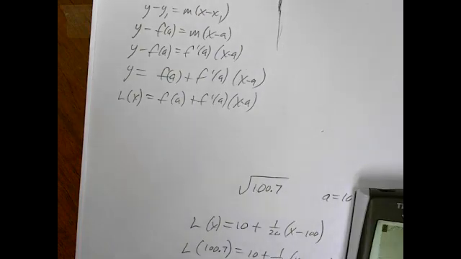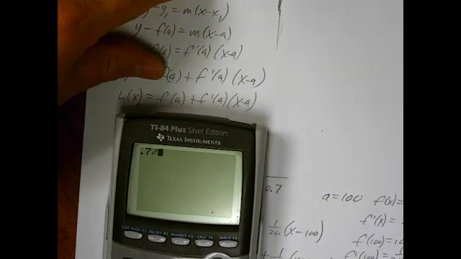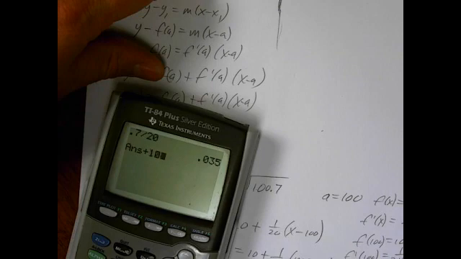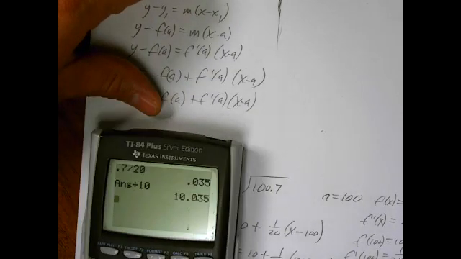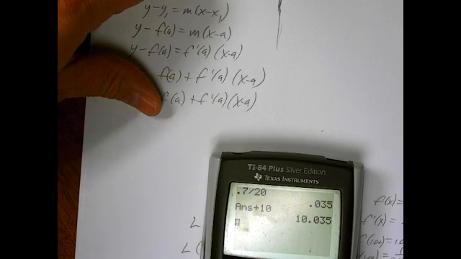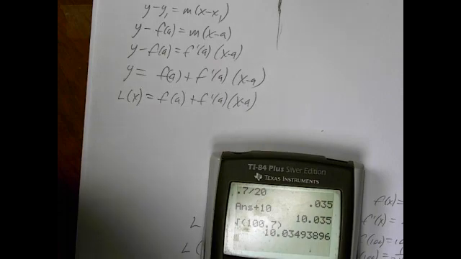I don't feel like doing the arithmetic, so I'll take the 0.7, divide it by 20, add it to 10, and I get 10.035. If you compare that to a calculator evaluation, you notice that if you round to the third decimal place, I was dead on.